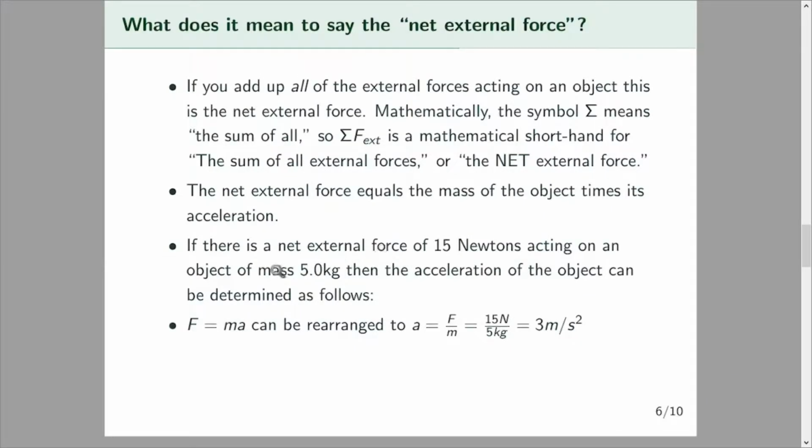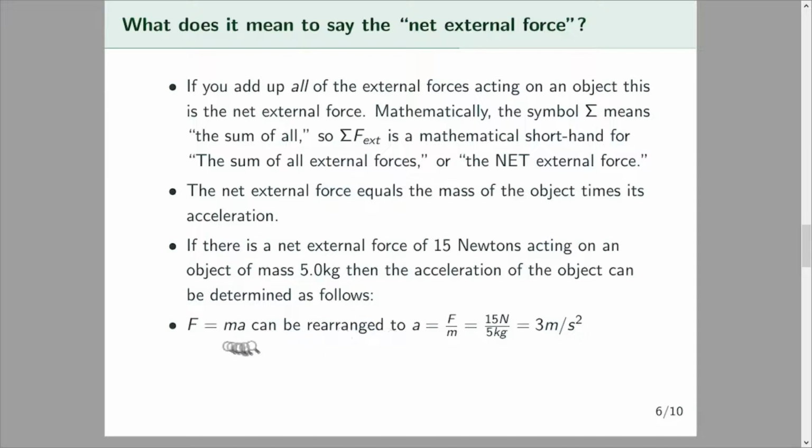And so I can say, look, if there's a net external force of 15 newtons acting on an object that has a mass of 5 kilograms, right, then I can just write down that force is equal to the mass times the acceleration. If that's the net external force, that's equal to the sum of all the external forces. I can figure out what the acceleration is.